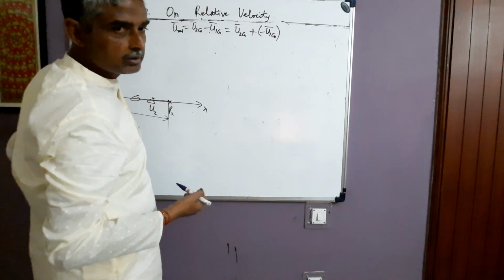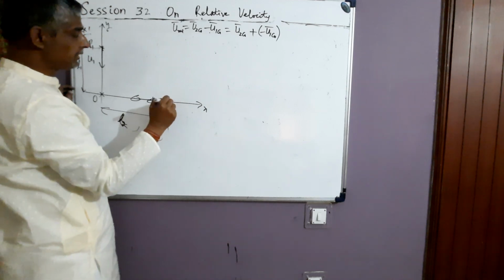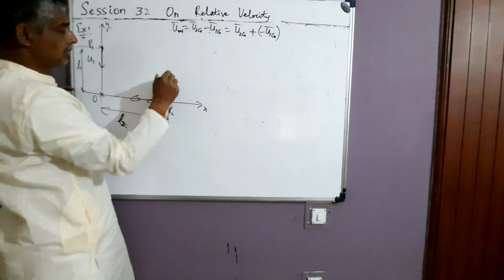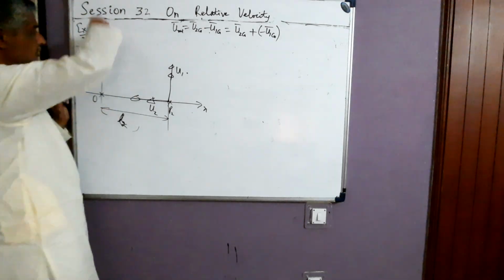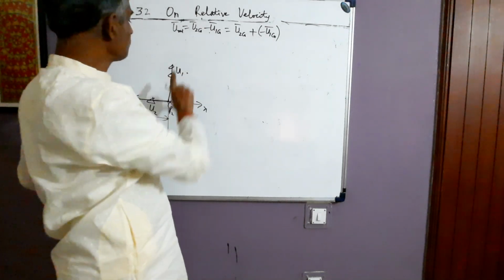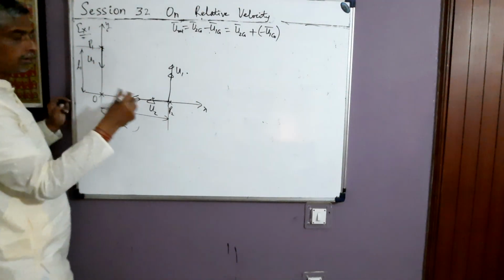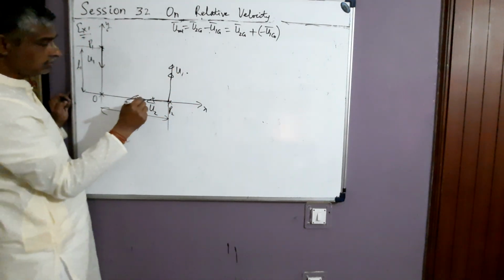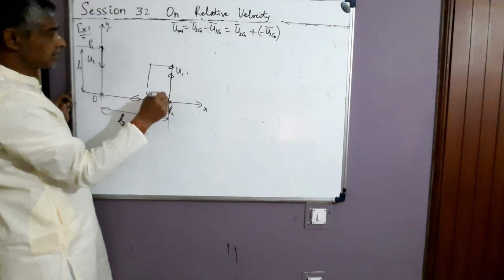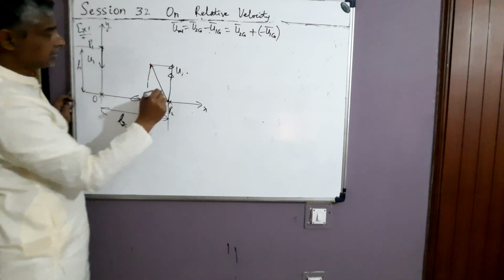Using the parallelogram method of vector addition, reverse and add procedure: this is the vector u1g, this is u1 reversed, so minus u1g will be u1 up, and this is u2 left. So u relative is the vector sum of these two. So this is u relative.